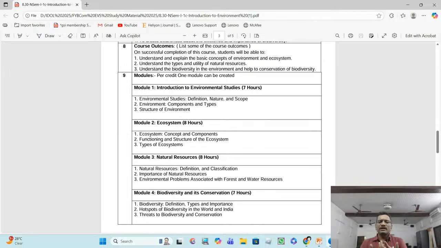Based on ownership, nature, availability, and renewability, we can classify resources into different types. We'll talk about that in this part in detail.